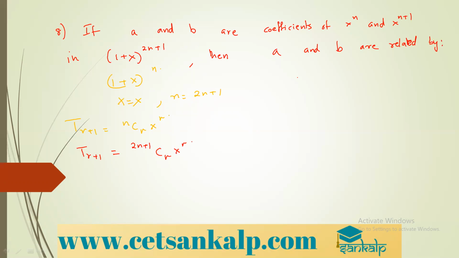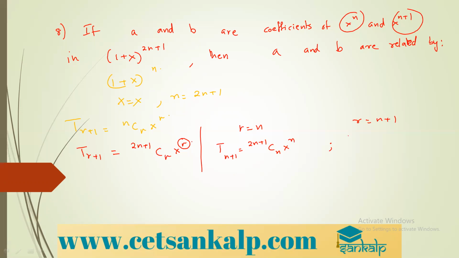But I have x^n and x^(n+1), so the x power should be n and n plus 1. That means r can be n, r can be n plus 1. So when r is n, I have T(n+1), I am putting r as n.